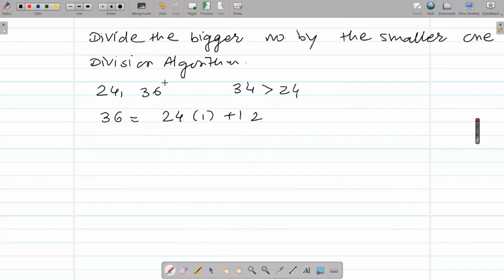Now, let me call 36 as B and 24 as A. So here B is equal to A times some Q plus R, and R is not equal to 0 right now.